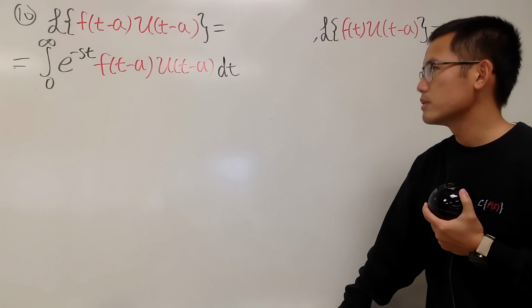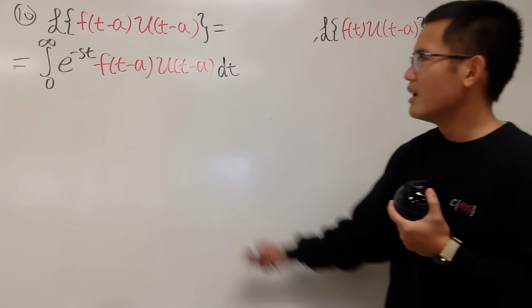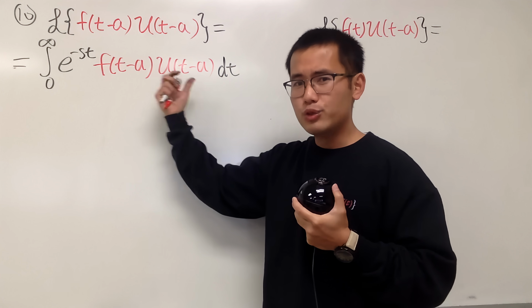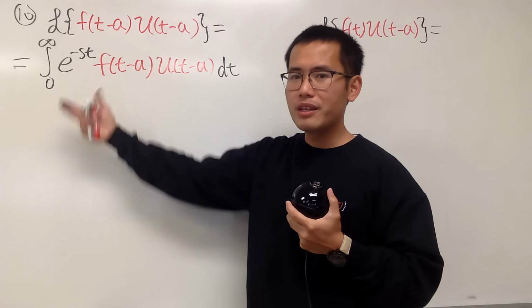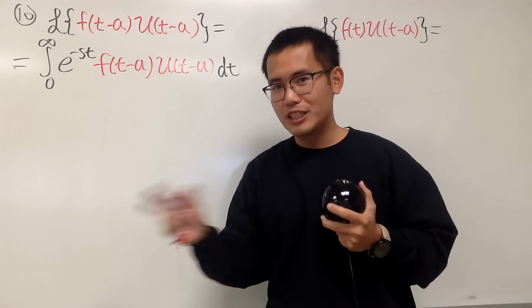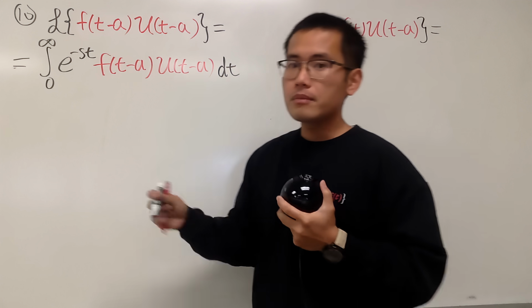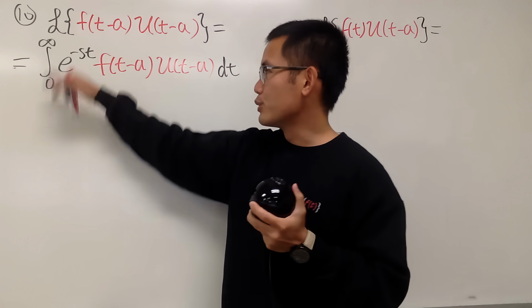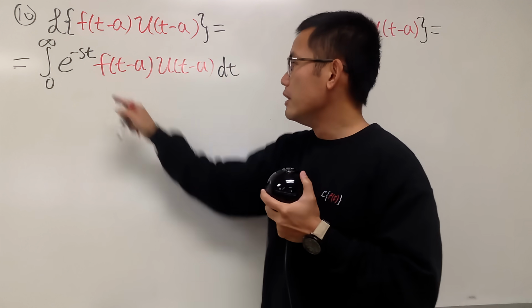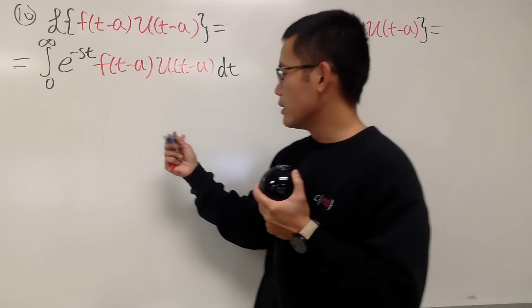Let's see how we can do this though. Well, again, whenever you multiply this, you just have to observe what's happening right here, right? So I will draw the picture one more time for you guys, just in case you skipped what we talked about earlier. So this right here, we are trying to find the area from 0 to infinity under this function. Let me grab this right here first, and I will do that with blue.